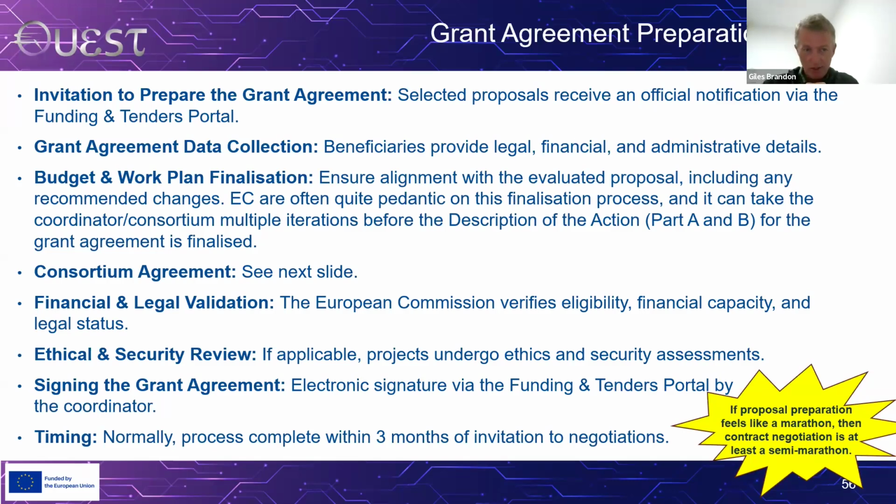to contract negotiations. During this process, the consortium partners will have to provide legal, financial, and administrative details. There'll have to be work done on the budget and work plan finalization.